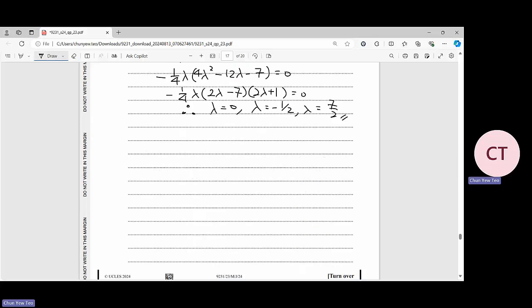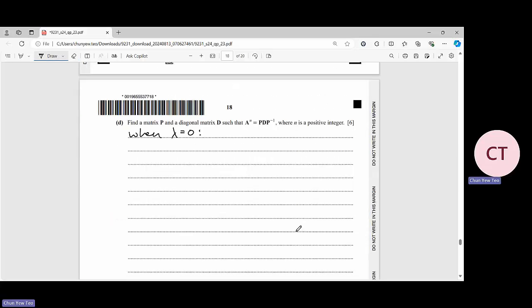So move on. When lambda equal to 0, I will take this. Get 1, 2, 3 and half, 1 over 12, 0. Do the cross product. I get negative 1 over 4 i plus 3 over 2 j minus 11 over 12 k.